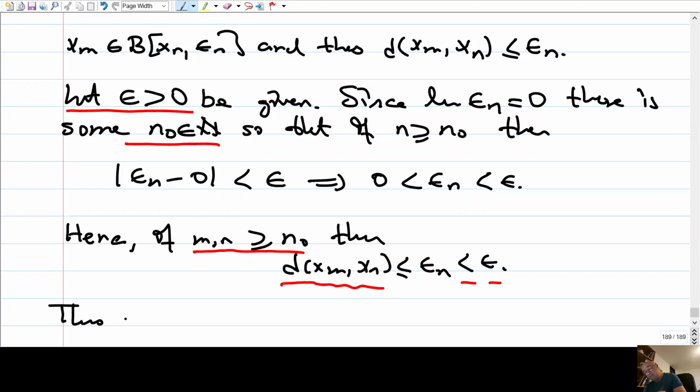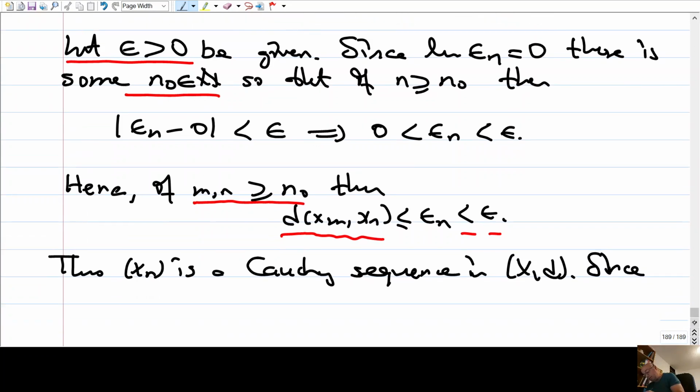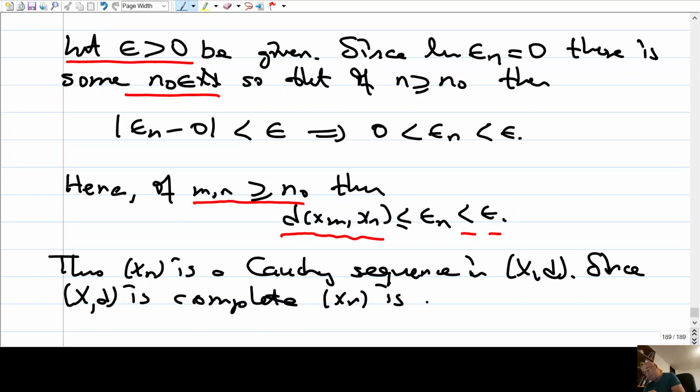Thus, xn is a Cauchy sequence in the complete metric space X. Since X is complete, xn is convergent.